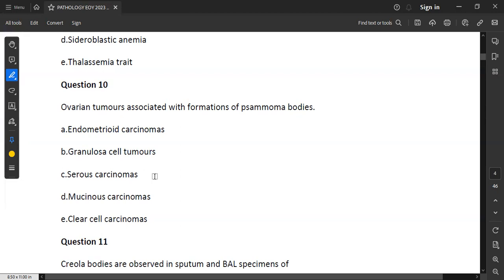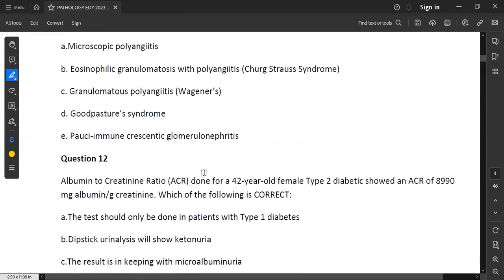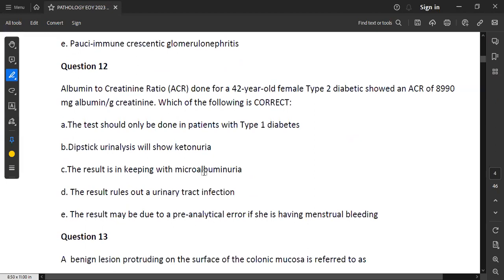And then we go to question 12. Albumin to creatinine ratio, ACR, done for a 42-year-old female type 2 diabetic showed an ACR of 8,990 milligrams albumin per gram of creatinine. Which of the following is correct?